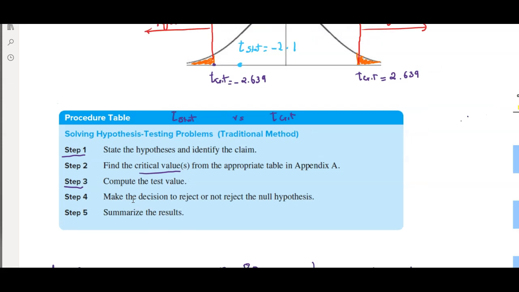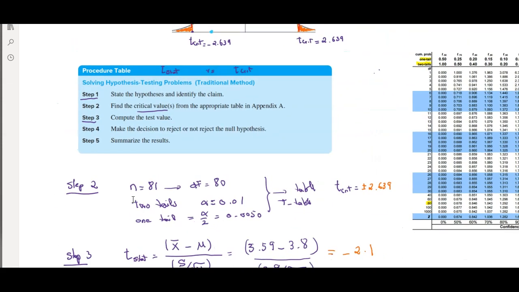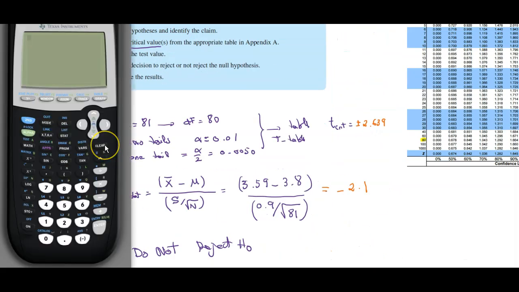So let's try to do the calculator correctly, right? In order to get the p-value with the calculator, I could use the statistics. So if I go to stat, I go to test, and then I'm going to choose number 2 because I'm using the t-test. Of course you have data and you have stats.